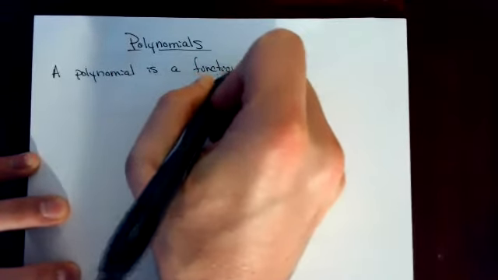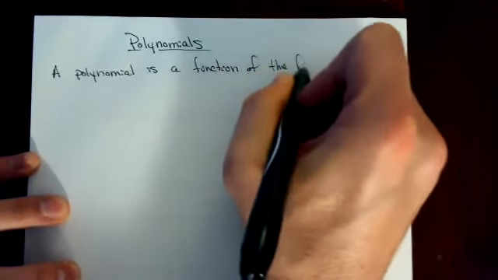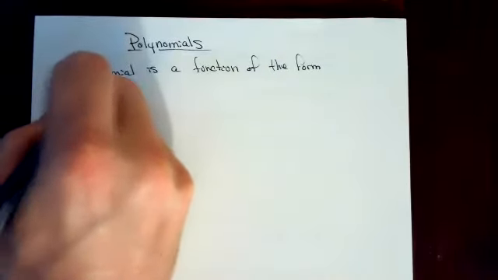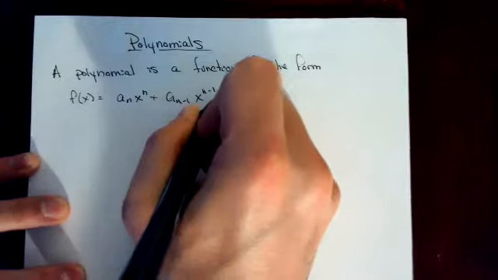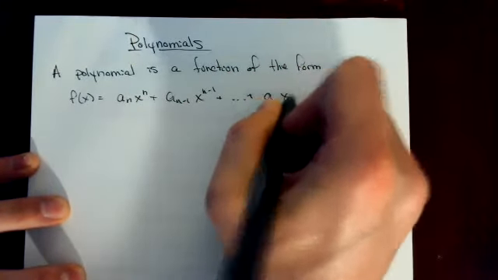Okay, so let's talk about general polynomials. A polynomial is a function of the form f of x equals a_n x to the n plus a_(n-1) x to the n minus 1, plus a_1 x plus a_0.